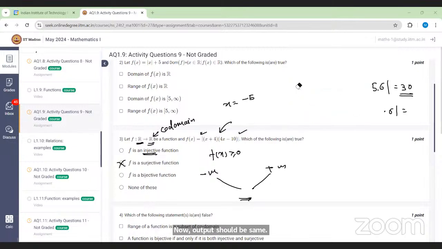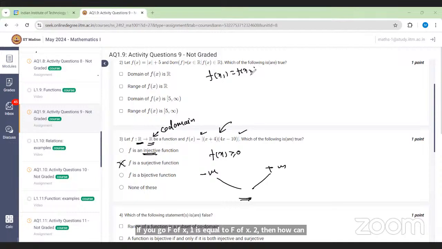So one thing you can do is plot the graph. That will be very easy. Ma'am, can we not check by putting f of x1 equals f of x2? If you put f of x1 equals f of x2, then how can you derive that it is a 1-1 function? Okay, fine, that means modulus of x1 plus 4 into 4x1 minus 10 equals the same for x2.